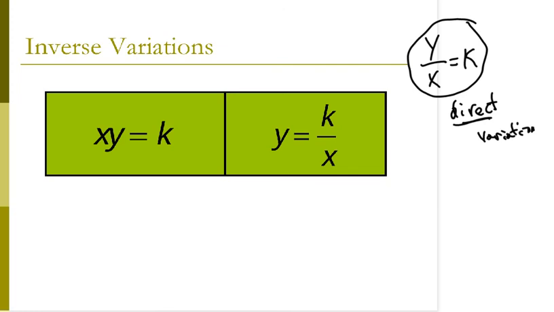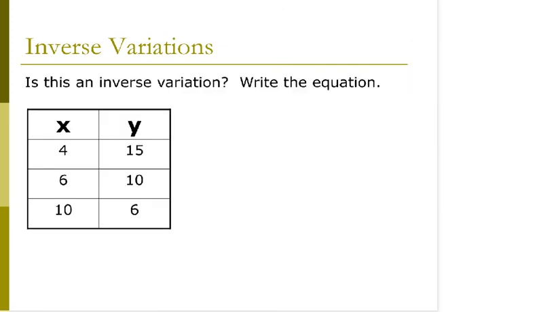So let's test this out if this is an inverse variation. Basically, if we multiply the x and the y, we should end up with the same value for each ordered pair. So 4 times 15 is 60. 6 times 10 is 60. 10 times 6 is 60.